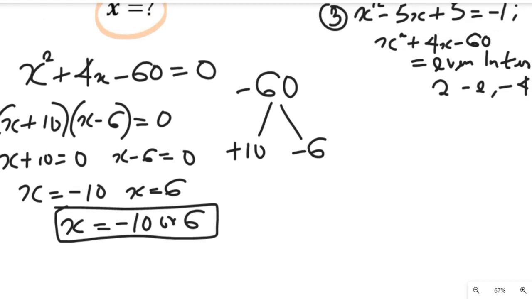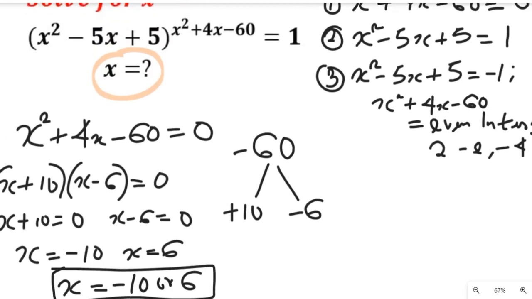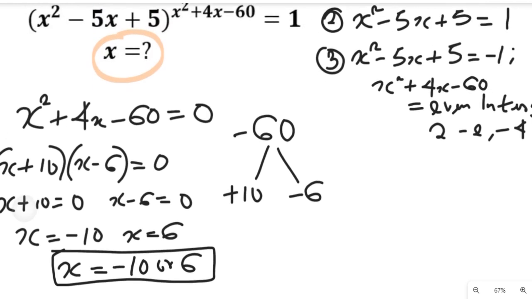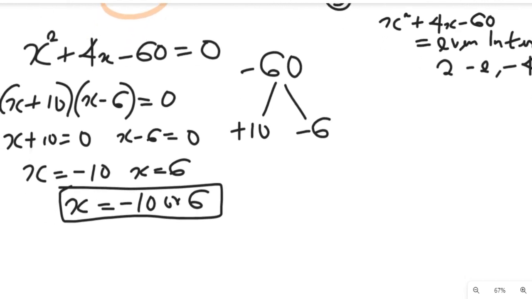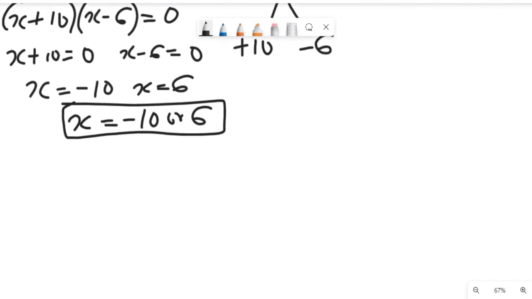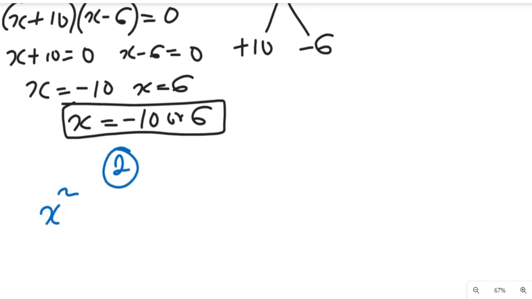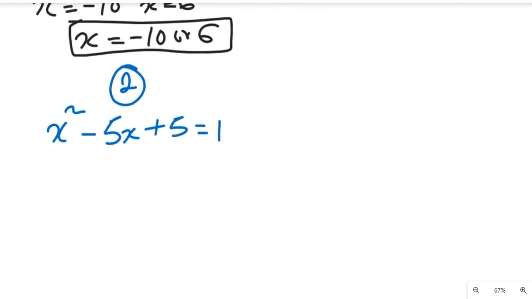Now, let's look at condition 2. In condition 2, we have x squared minus 5x plus 5 equal to 1 as the condition in which the left-hand side can be equal to 1.